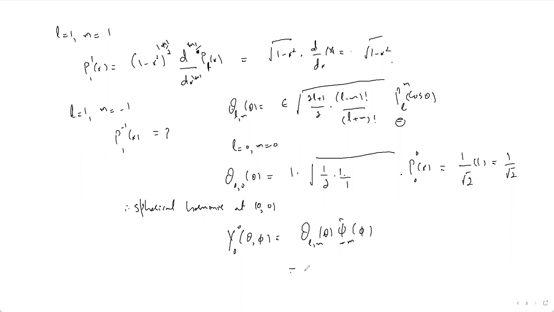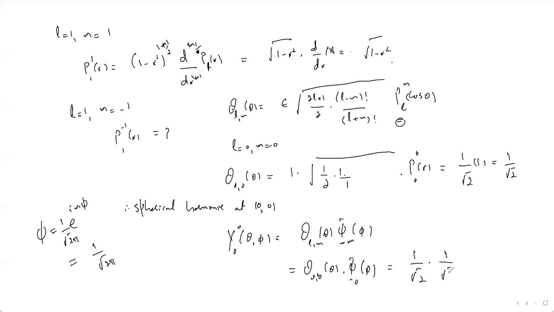At 0 0, it is theta 0 0 of theta and phi 0 of phi. We found that theta 0 0 is 1 by under root of 2. Now phi is 1 by under root of 2 pi e raised to power i m phi, as I initially wrote. When m is equal to 0, it will be e to power 0, that is 1, so it will be 1 by under root of 2 pi.